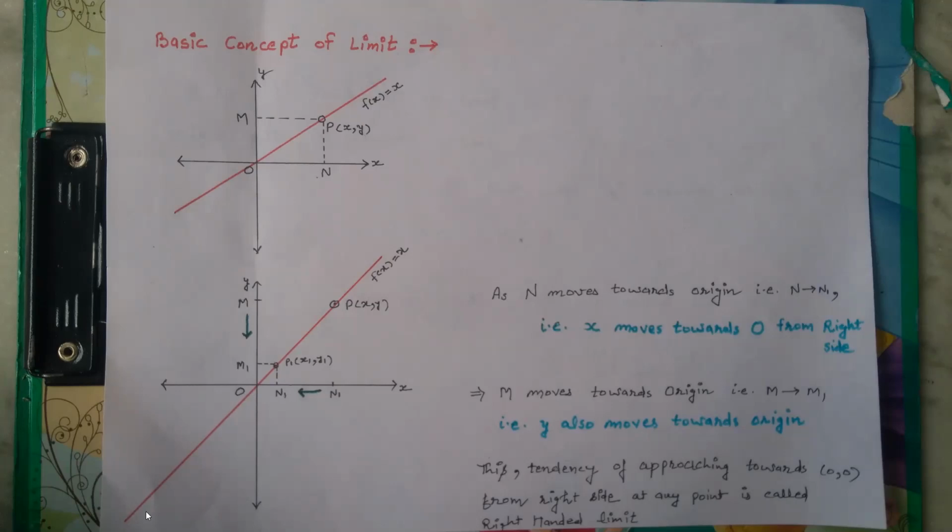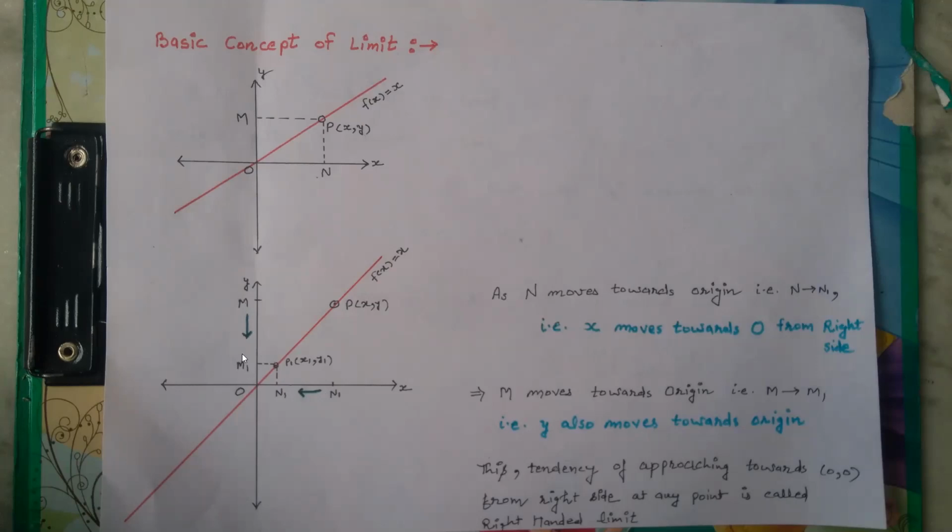But we are discussing the limit of the function. This line which is inclined at 45 degrees is the curve, and the name of this curve is f of x. Now when x is changing, y is also accordingly changing, right?